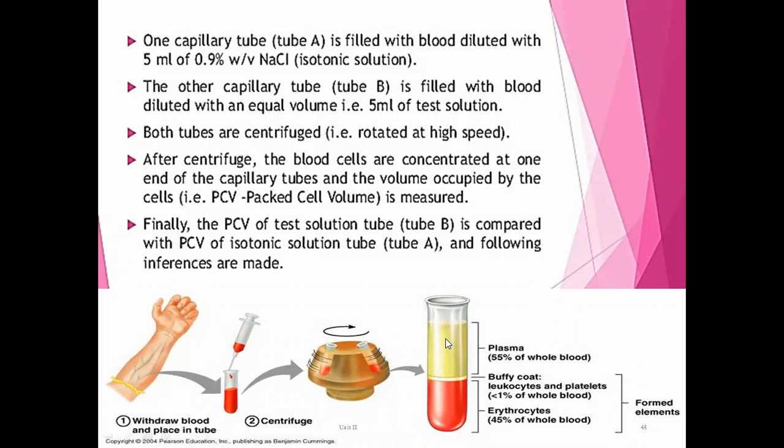The blood without RBCs, or the solution without RBCs, is plasma. Then in between these two layers there is a buffy coat, which contains leukocytes and platelets, and at the bottom of the tube there is sedimentation of the RBCs, which is 45% of the whole blood.